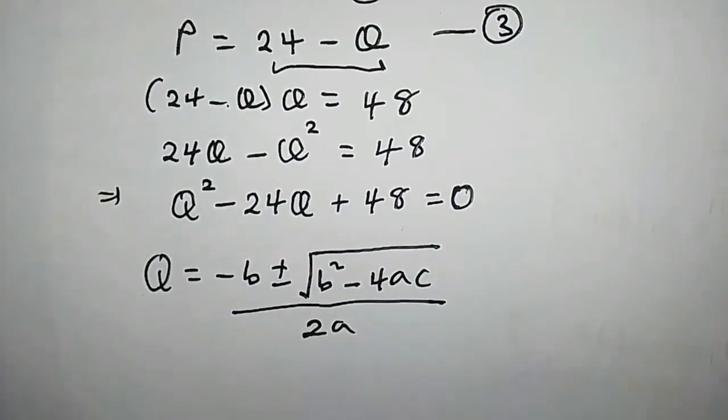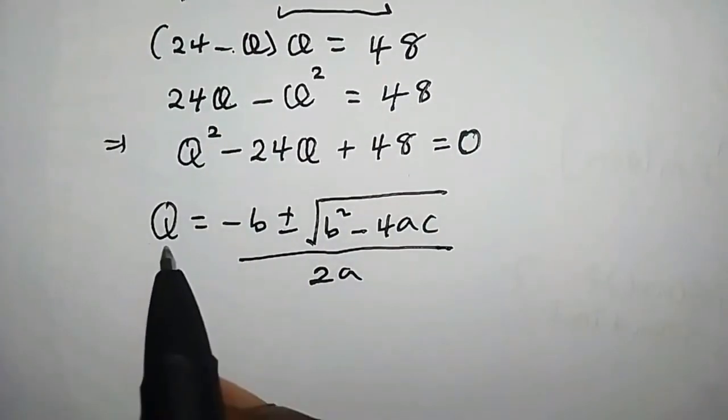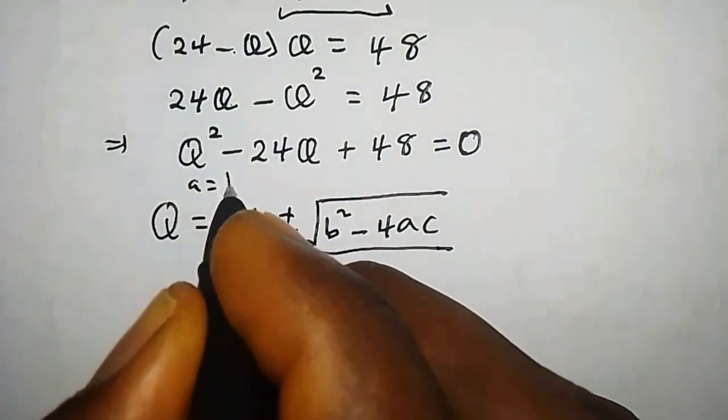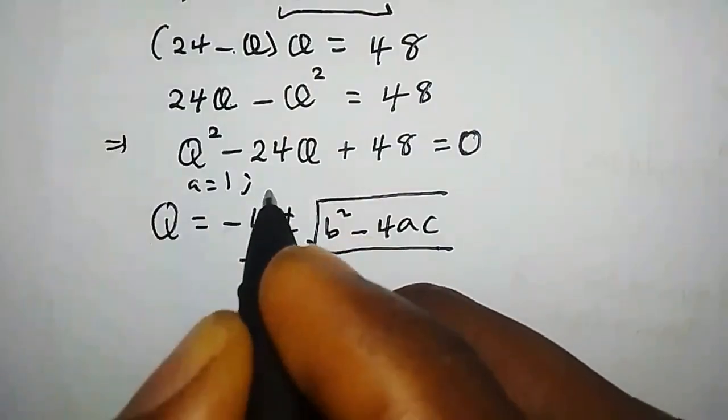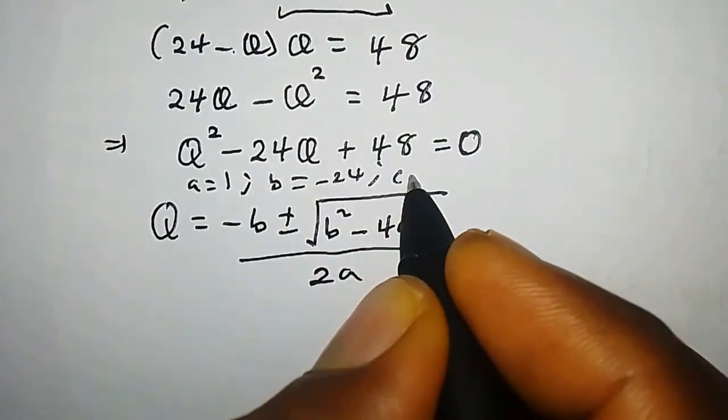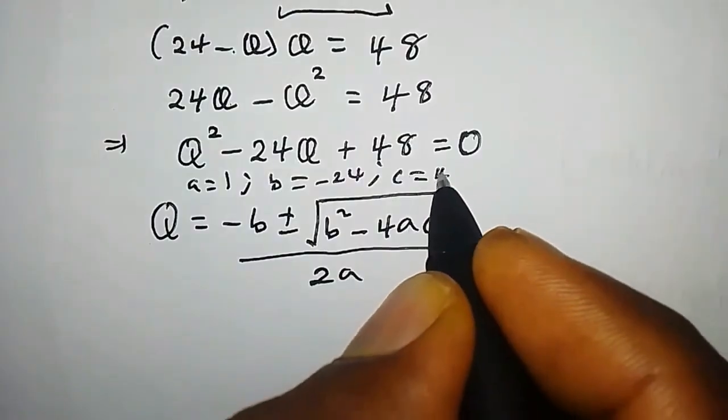This is the quadratic formula. From this equation, A is equal to 1, the coefficient of Q square, B is equal to minus 24, C is equal to 48. That's the constant.